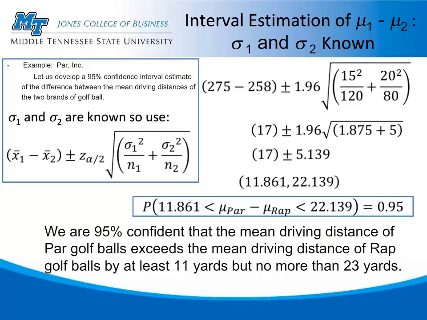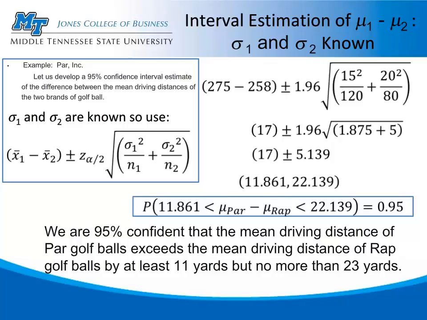But then we can take the sample information and just do the arithmetic, just plug in the numbers. Group number 1 is the par group, and for the par, x bar was 275. Group number 2 was the wrap group, so the sample mean for the wrap group was 258.